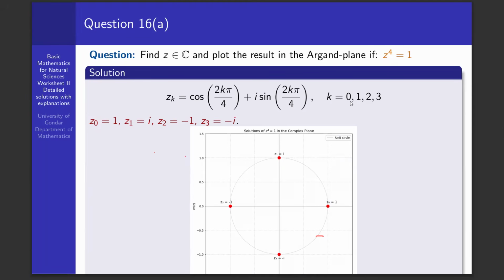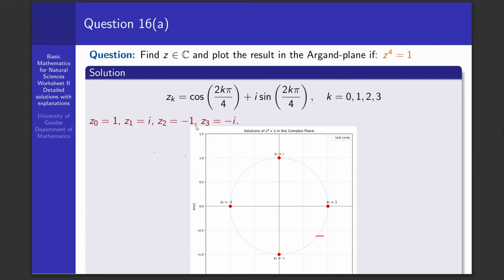And when you take k to be 1, it becomes z1 equal to cosine of 2 pi over 4 plus i times sine of 2 pi over 4, or simply pi over 2. Cosine of pi over 2 is 0, but sine of pi over 2 is 1, so z1 is 1 times i, that is i.